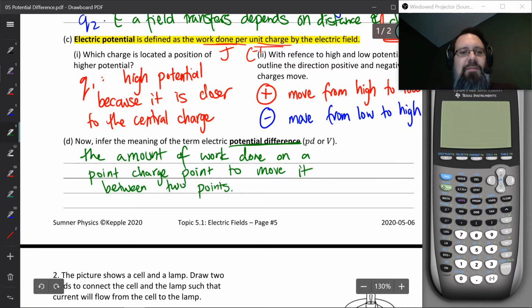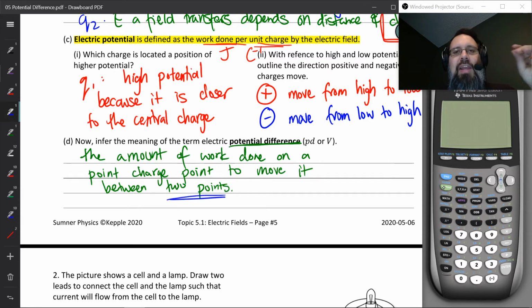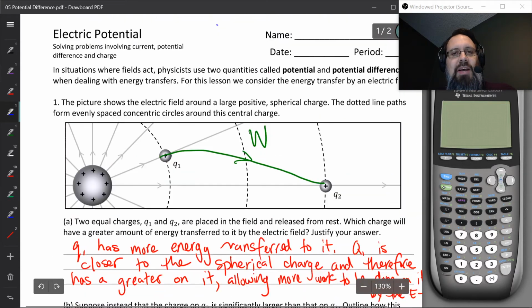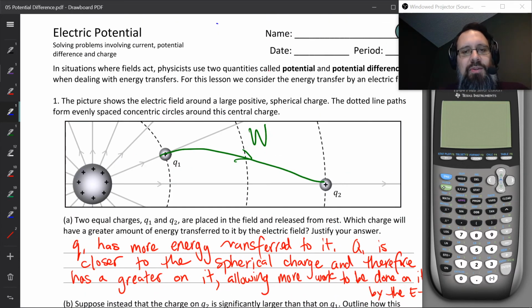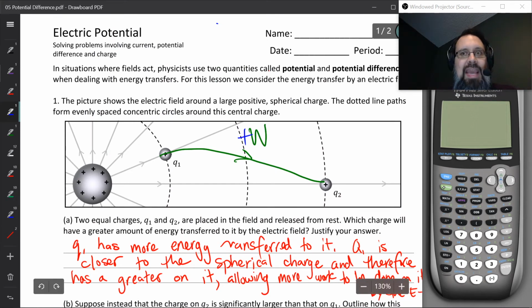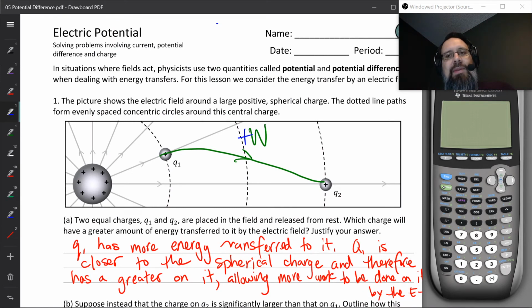To have a potential difference, you always have to have two points, two places that you're looking at, and you're tracking how the energy is going to change from one point to the other, which represents how much work was done on the object when you moved it. So if our positive charge moved from Q1 to Q2, there'd be positive work done on it, right? It would gain energy because it would be repelled from that central object.